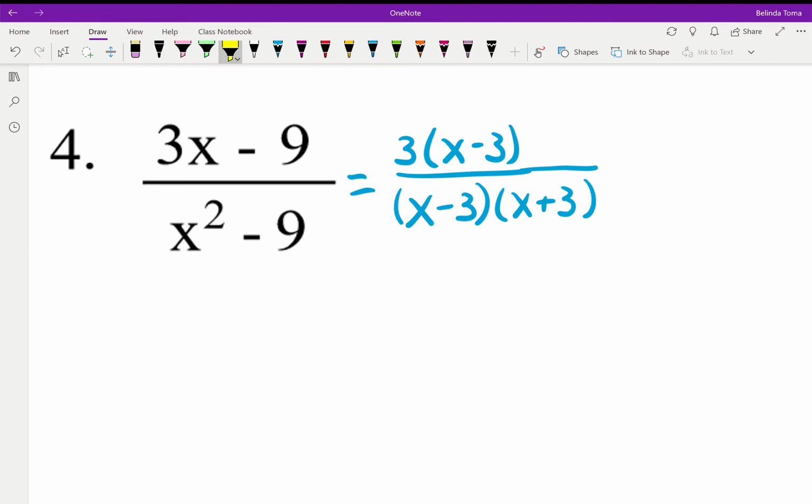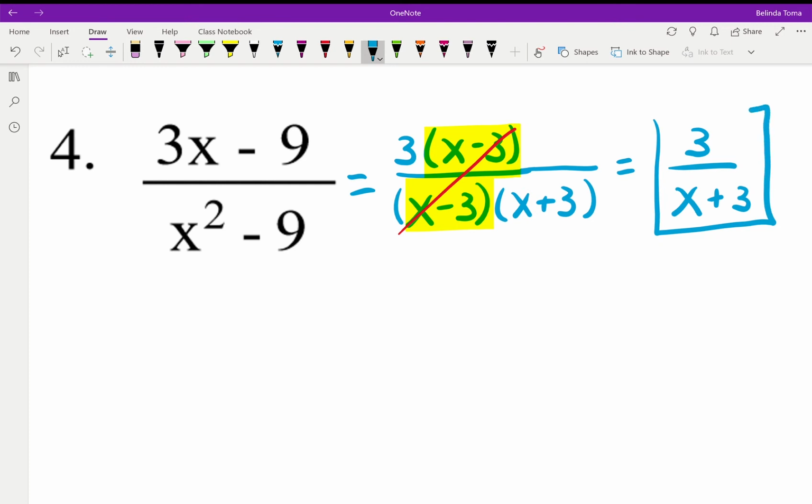So what I see is that I have a match in the x minus 3. I'm going to be able to cancel, to simplify, any common factors that I see in both the numerator and the denominator. So my final answer is going to be 3 over the quantity of x plus 3.